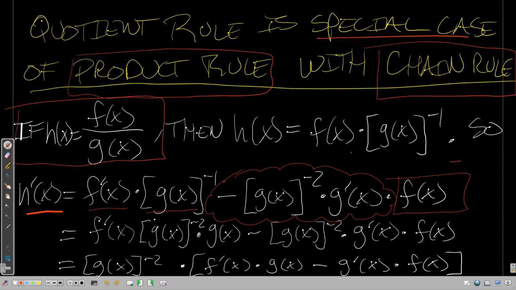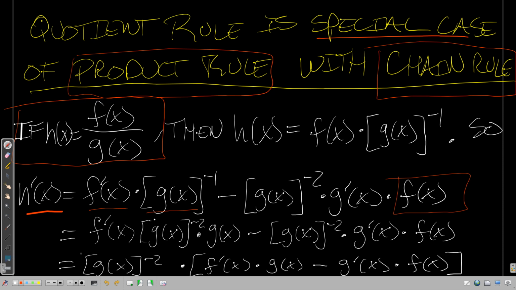In the next step, I rewrote the g of x to the -1 like this. That is the same thing as g of x to the -1 if you combined it, because this one has an exponent of 1, and when you add the exponents, -2 plus 1, you just get -1.